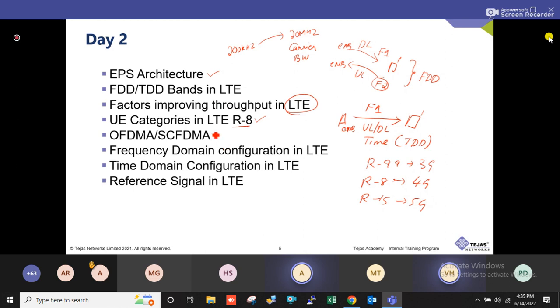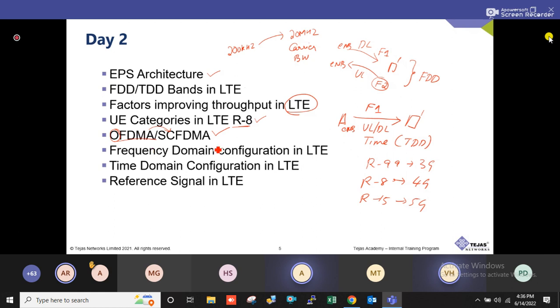This concept becomes very important for us to understand, because everybody yesterday was asking what this OFDMA means, what this orthogonality means with respect to OFDMA, and why we have something called SC-FDMA in uplink, why we have different multiple access techniques in uplink and downlink.